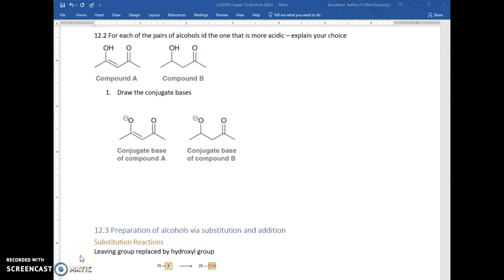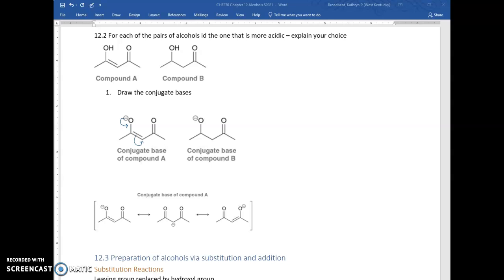If we look closely at them, we will see that we have resonance available to us in compound A. The electrons that are on the oxygen can form a double bond between the oxygen and the carbon, and then the electrons in the double bond can go down here. So the conjugate base of A is resonance stabilized.